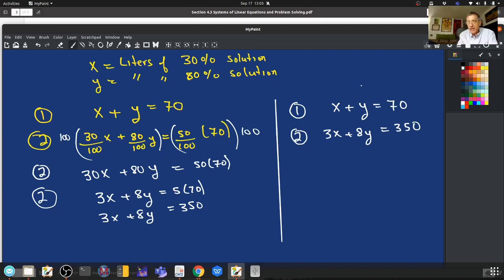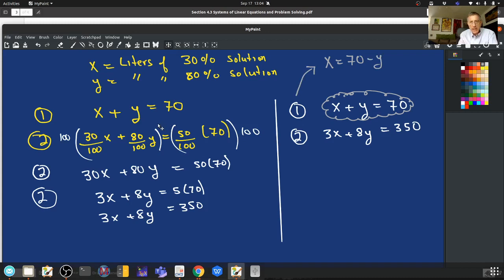But I have a feeling you're better off with the substitution method. So let's solve for x. x is equal to 70 minus y. That comes from equation 1.